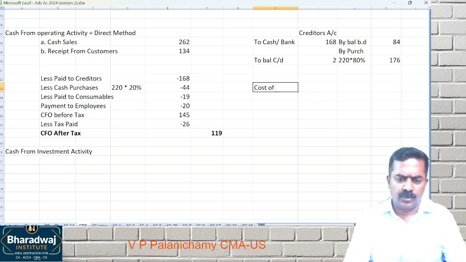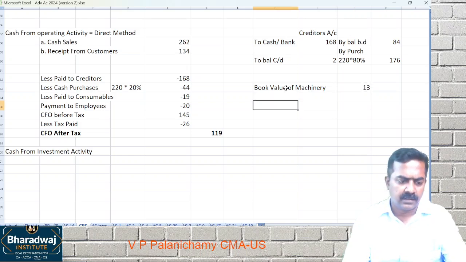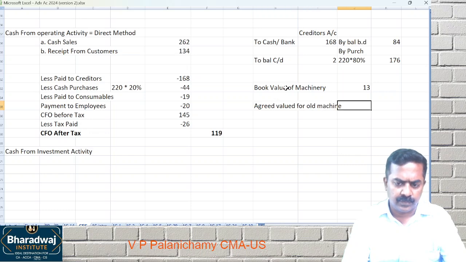What is the cost of old machinery? 20 lakhs. Cost. Okay. Book value of the old machine? 13 lakhs. What is the agreed value of the old machinery? 15 lakhs. That's important.